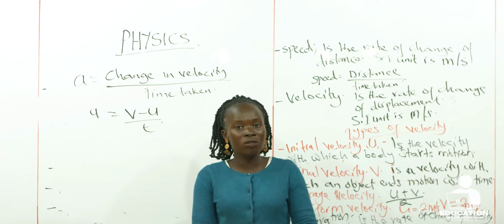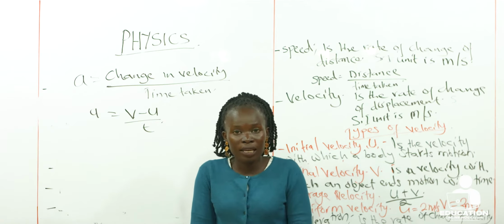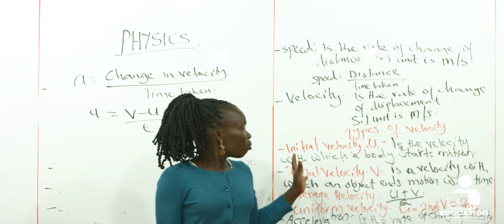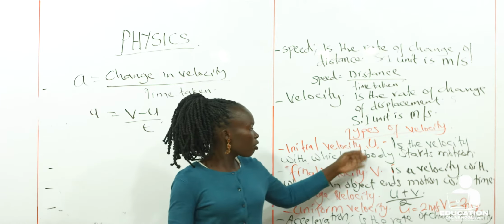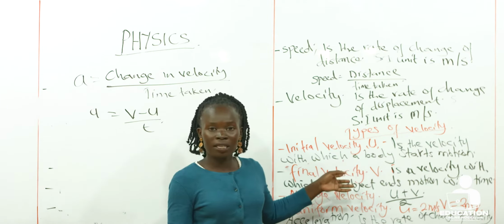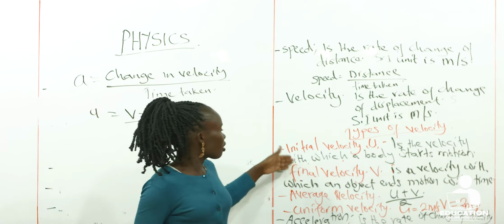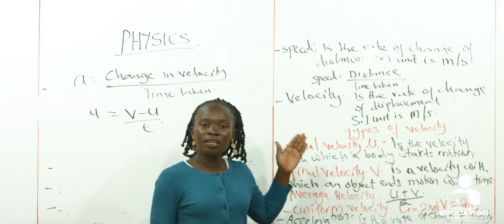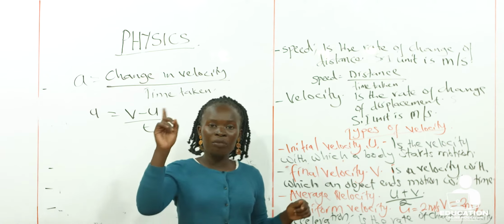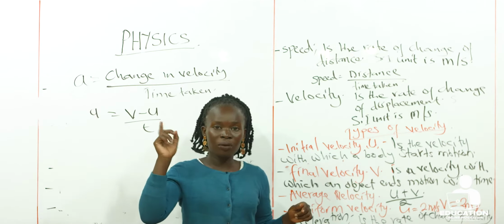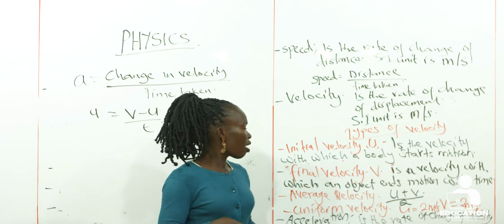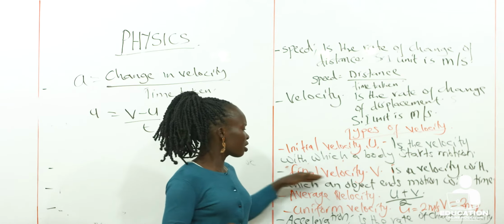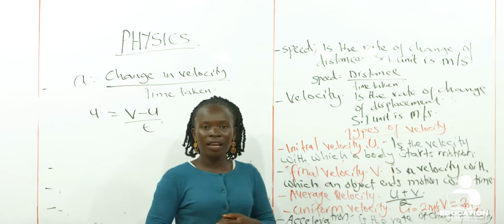So today we've seen a lot about motion, the terms we are going to be using as we continue with our lessons and go deeper into linear motion. Don't forget the abbreviations we are giving them. Instead of writing initial velocity in full, you just abbreviate it with the letter u. Likewise, for the final velocity, you can just give it the letter v.